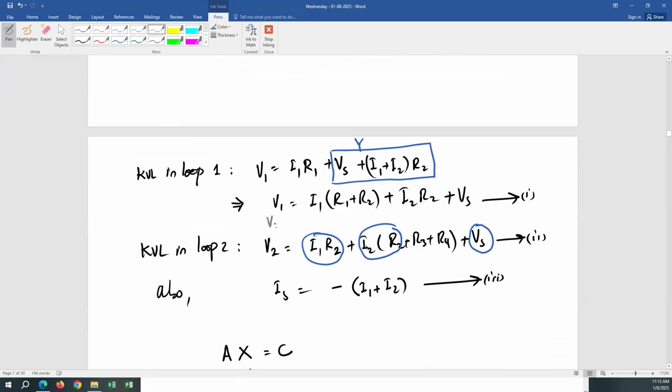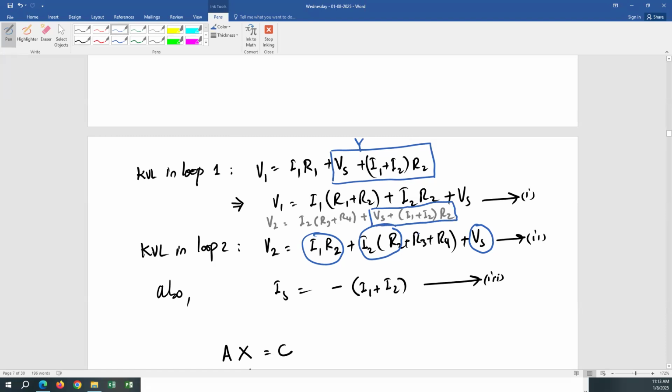V2 is equal to I2 times R3 plus R4 plus Vs plus I1 plus I2 times R2. So that is going to be my y.